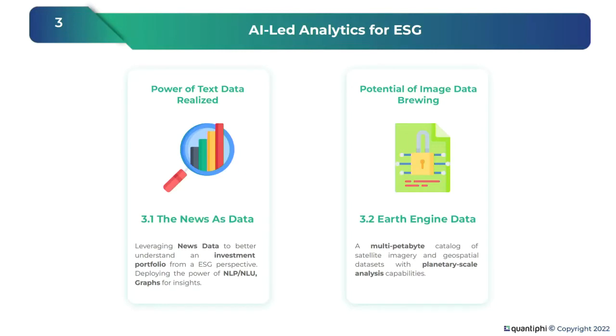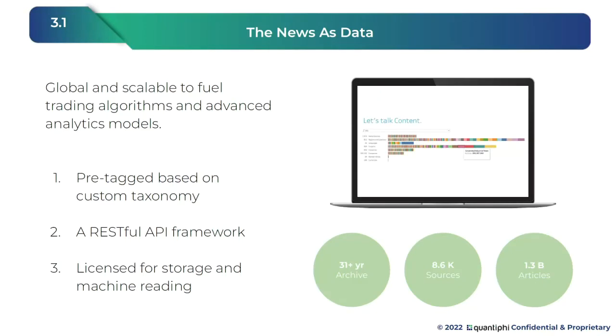What can be done with that corpus of data? And the second aspect is really the potential of image data that's brewing everywhere, and how that can be leveraged to help implement use cases and solutions that are ESG centric. We'll dive deep into the first one, and I'll spend a few minutes towards the end talking about the potential of image data as well.